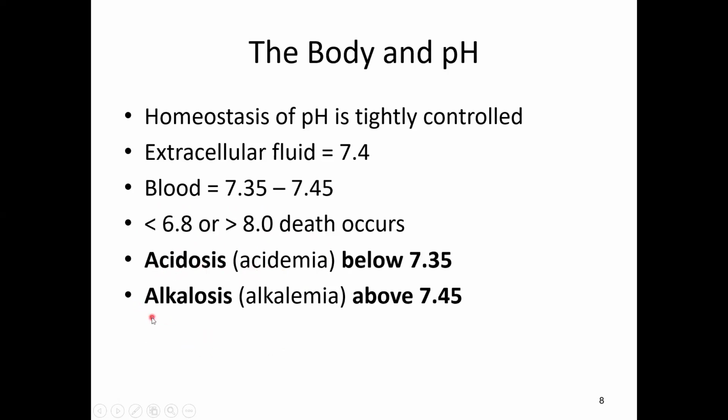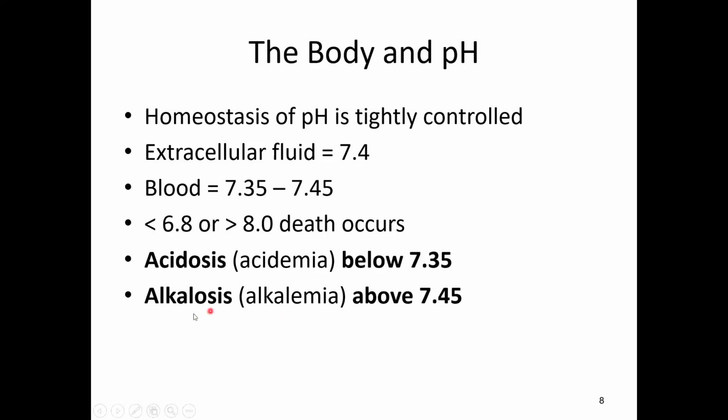And the condition is said to be alkalosis when the pH becomes high, meaning the OH ion concentration is more compared to the hydrogen ion concentration, so the pH is more basic.